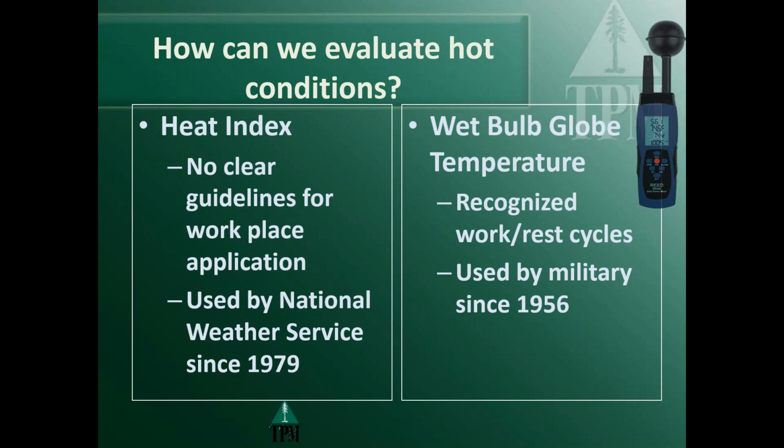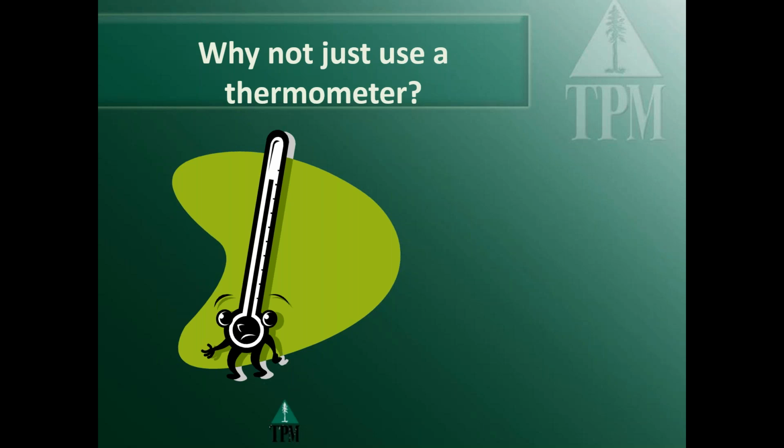So it's a very, very good tool, but it is going to absolutely dictate what your work and rest cycles are. And I'll show you some breakdowns of that. So, you work 45 minutes, you rest for 15, that type of thing, if the environment is dangerous enough with the wet bulb globe temperature method. But I'll show a slide on that here in just a bit.